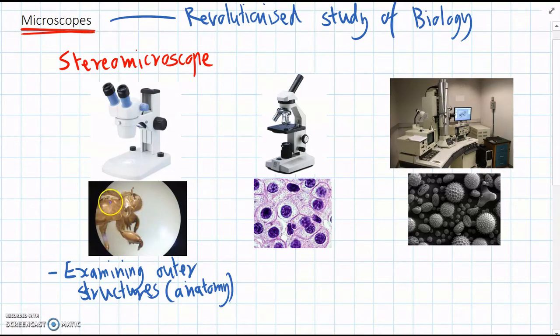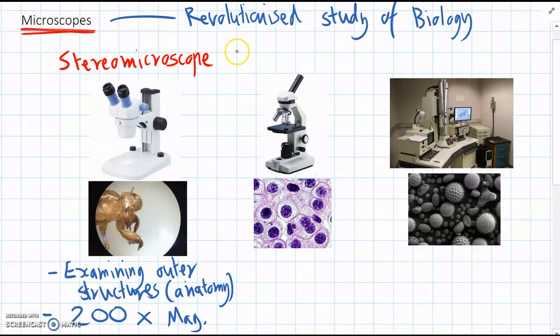So we can see here, we're looking at an insect, and we've zoomed in and we can see the legs and the head. It's really just like looking through some binoculars. And stereo microscopes magnify images by about 200 times. So they zoom in by 200 times.